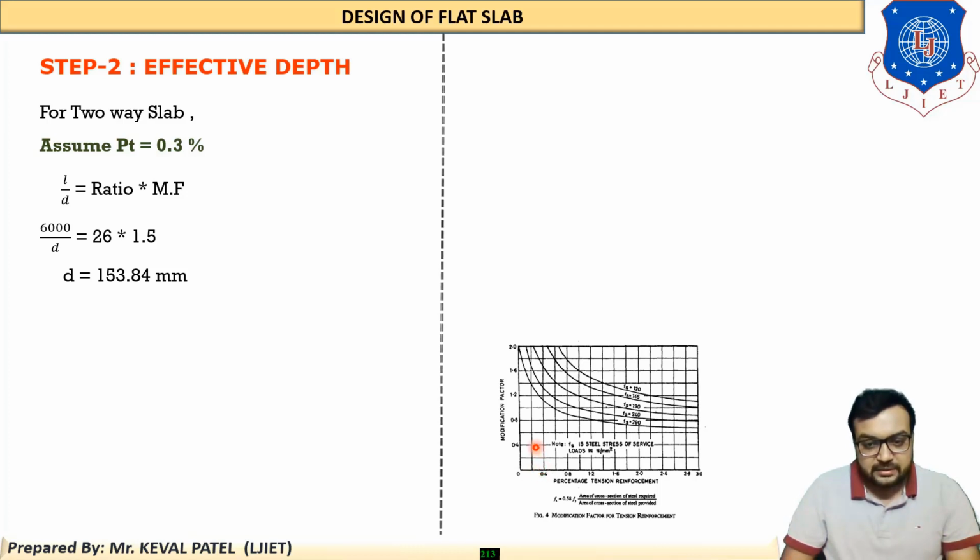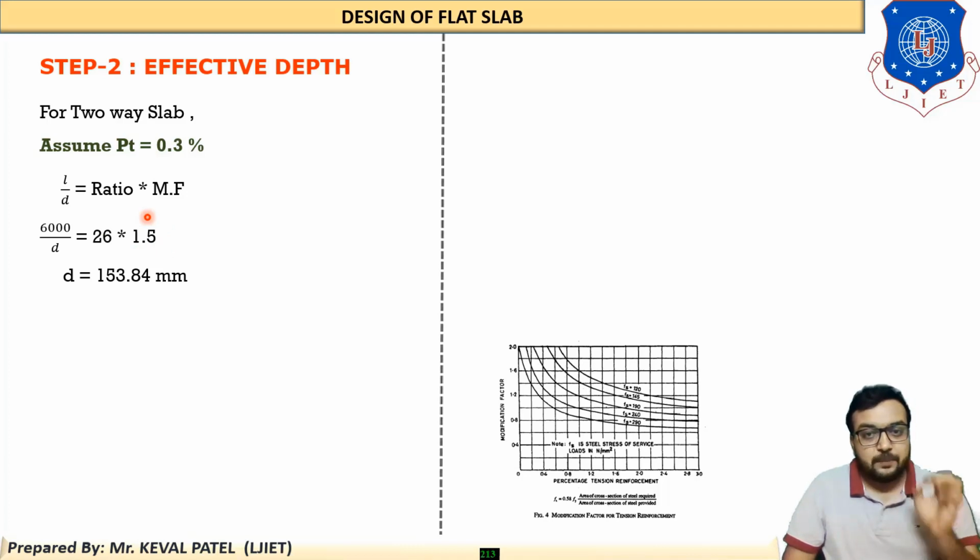You can see that this is our imaginary line, and it intersects over here at my cursor point. So our modification factor is between 1.2 and 1.6, and we find our modification factor is equal to 1.5.